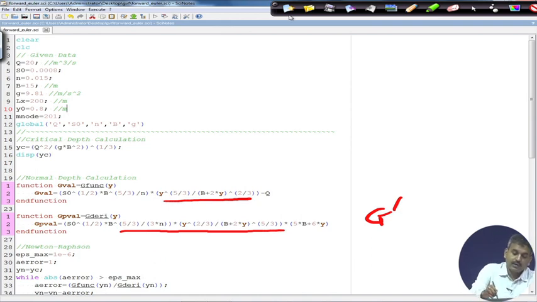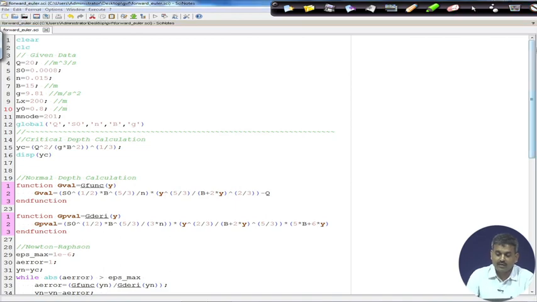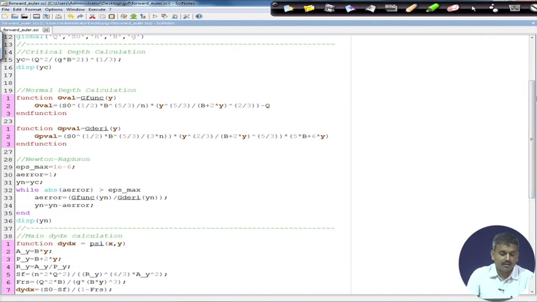Now, after writing these two functions, we need to write the basic structure for Newton-Raphson, so that we can calculate our normal depth Yn. For Newton-Raphson we need the epsilon or error parameter, and absolute error, let us say equal to 1, and Yn we start from critical depth. Whatever critical depth we have calculated, we will utilize it as the initial guess.